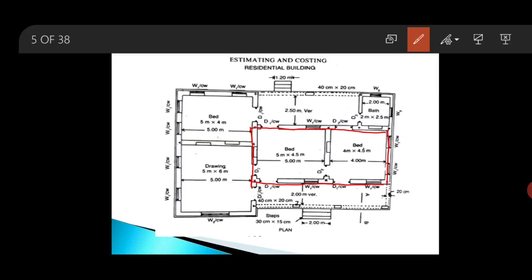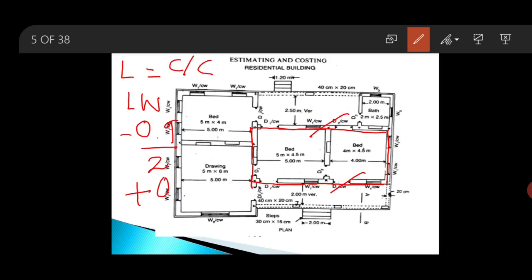In the second part, these two walls are the long walls. In order to get the net length of the cement concrete work along the long wall, from the center to center length of the long wall we have to subtract half of the width of the concrete wall from one side, and add half of the width for the other side.